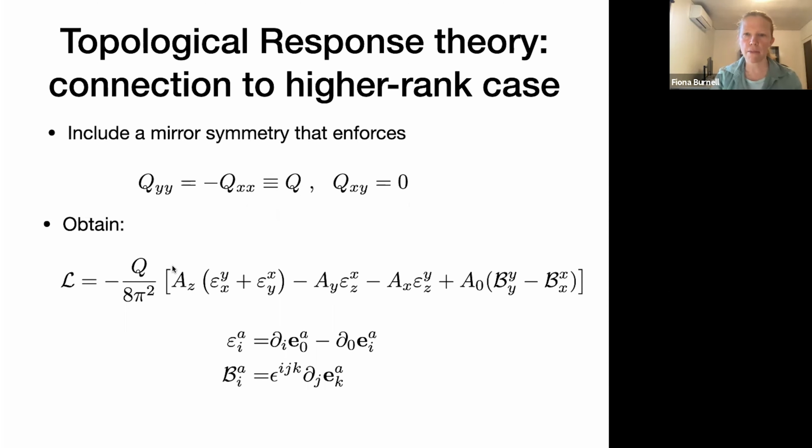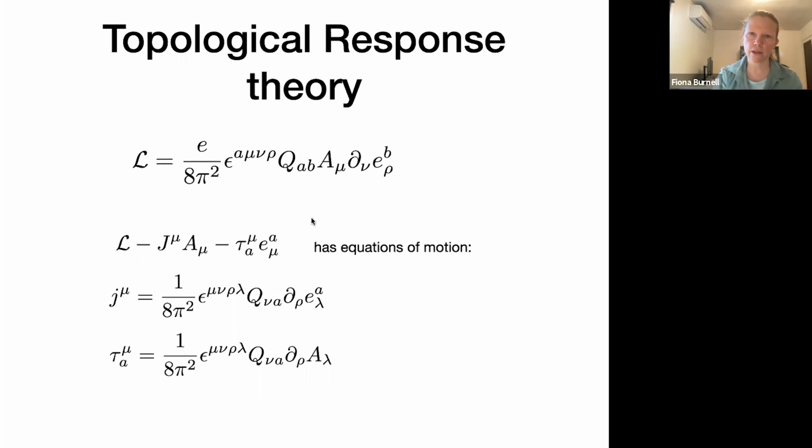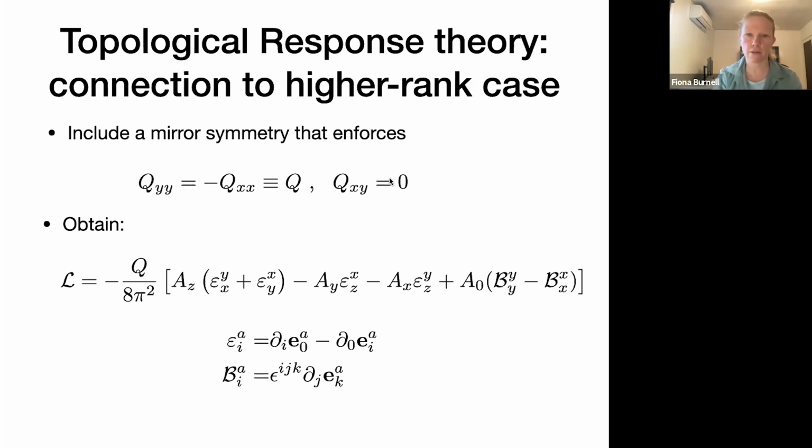And so then if I take this topological response, I'm going to write out some different components. I have A_Z times, and now these epsilons are the analog of the electric field for this E gauge field, my translational gauge field. This calligraphic B is the analog of its magnetic field.